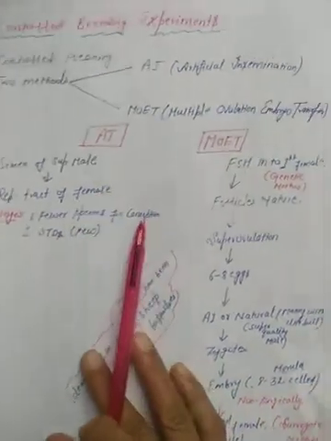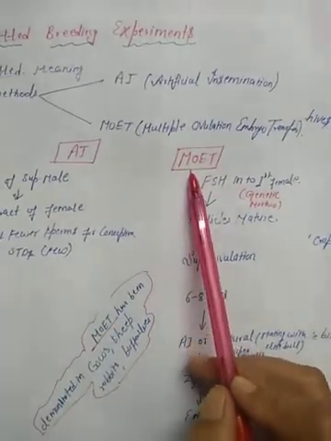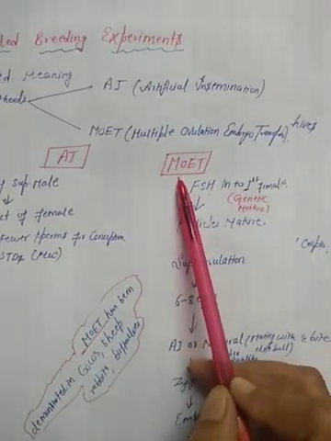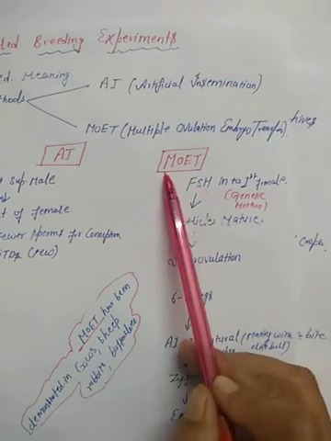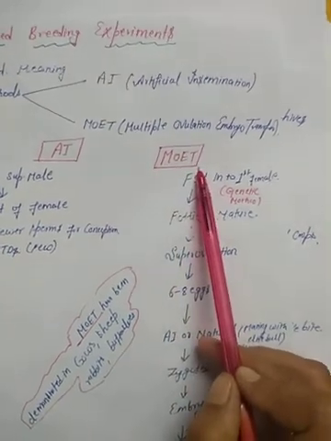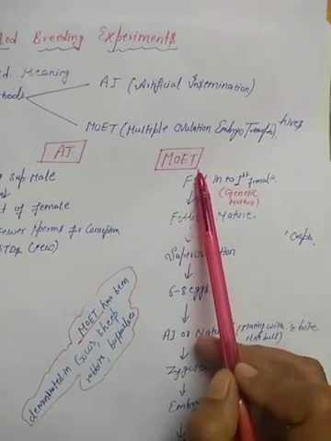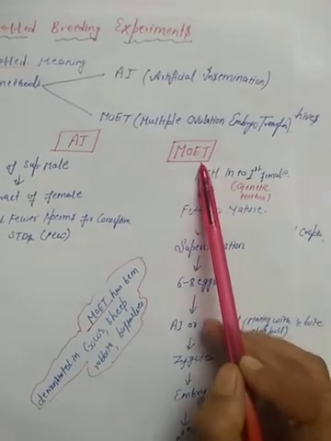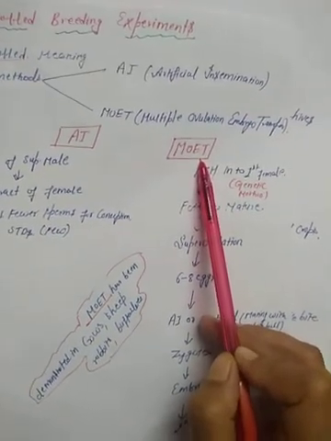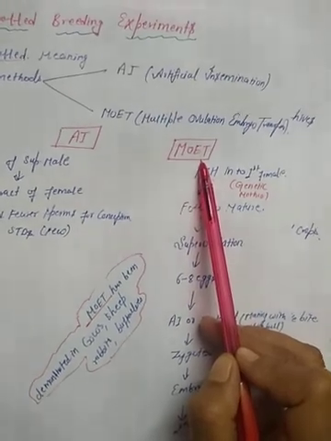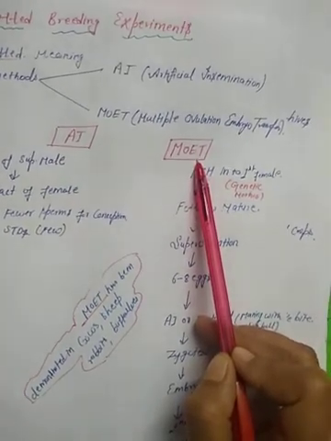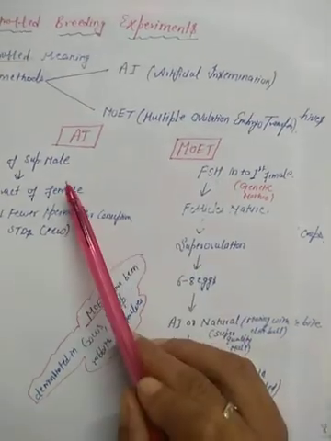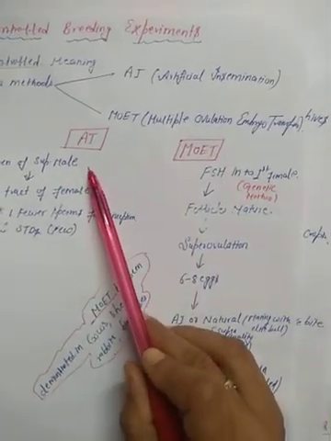Then the second controlled breeding technology is MOET, multiple ovulation embryo transfer. Why this one? Because the success rate of crossing a mature male and female animal is very low, even by the artificial insemination method.